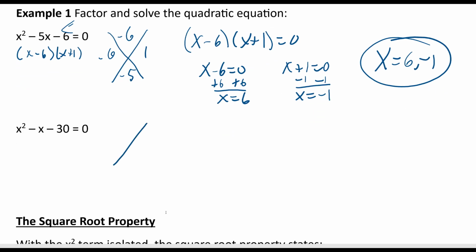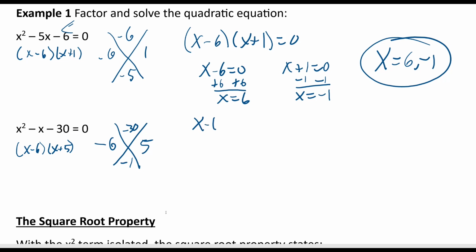I'm going to put -30 up on the top, put -1 down below, because the coefficient for that minus x is a -1. And then we will have, let's see, -6 and +5. -6 times 5 is -30. -6 plus 5 is -1. So that's like saying x minus 6 times x plus 5.